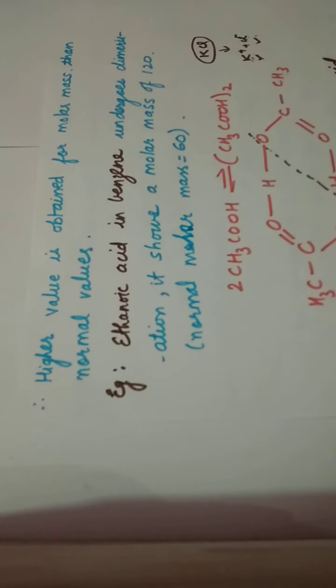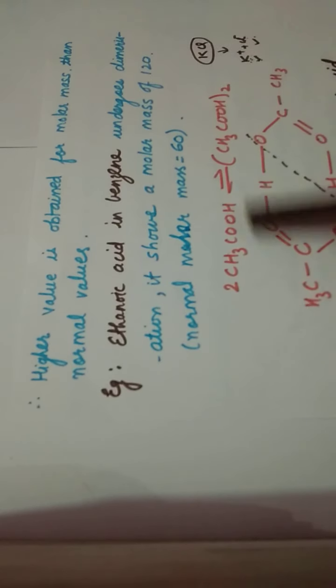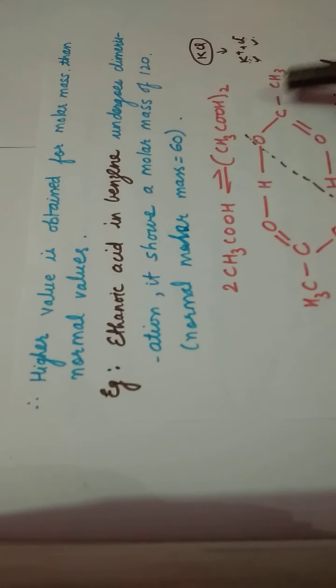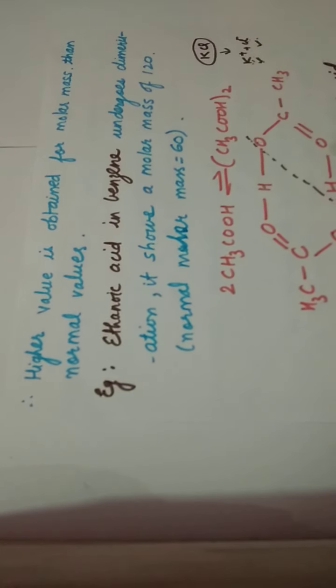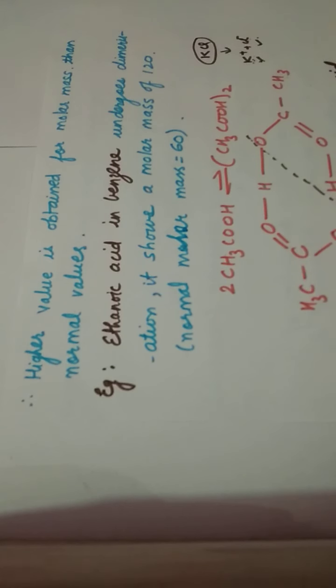I'll explain to you. Ethanoic acid in benzene undergoes dimerization. It shows a molar mass of 120. As here it is association, the number of molecules decreases, as I have explained earlier, children, how the number of molecules is decreased. So the colligative property decreases.